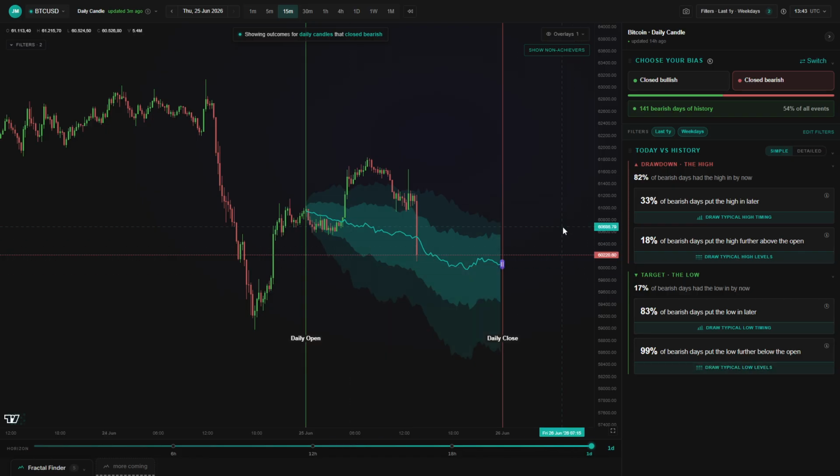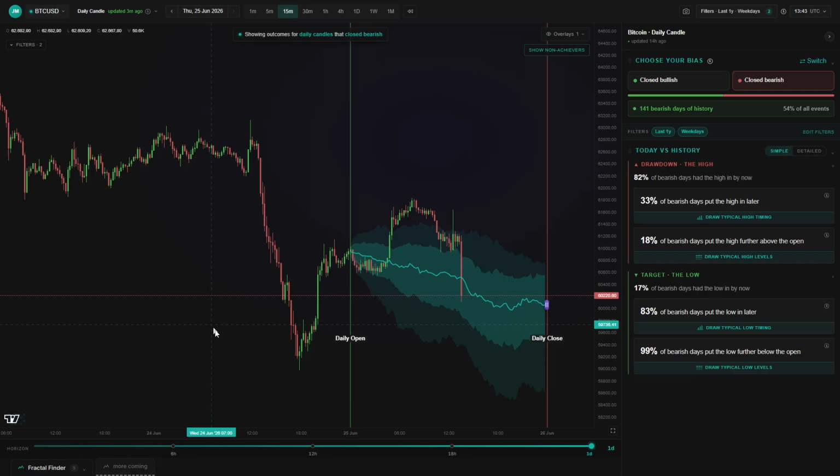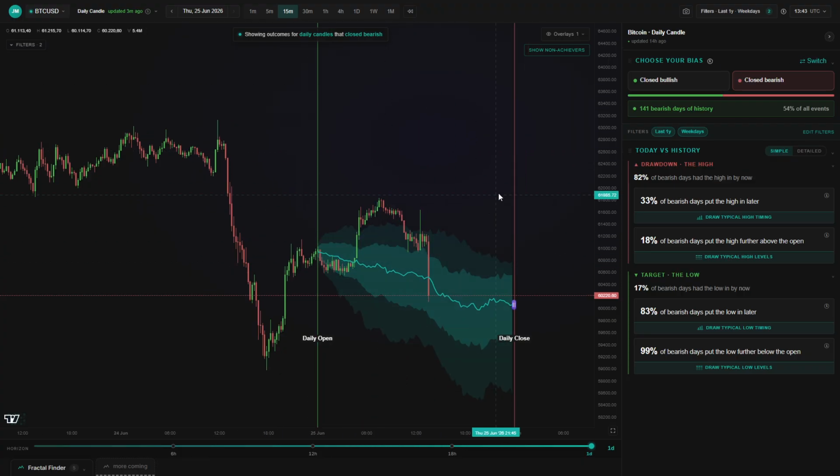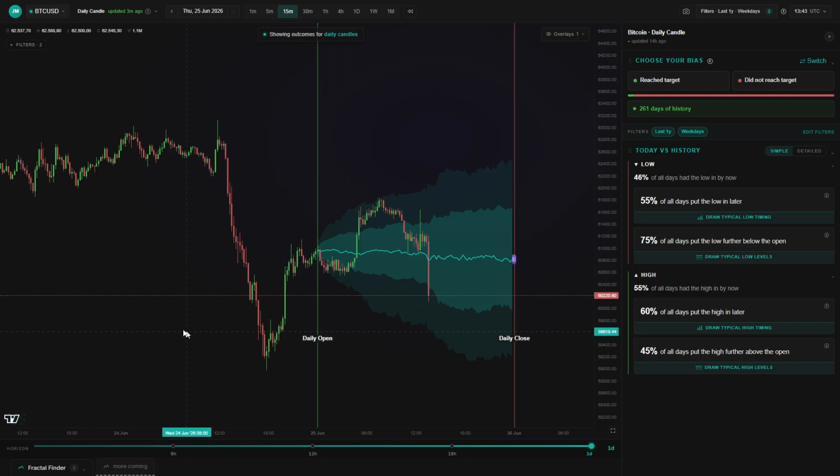Now, what I want to do is that we have just established the current weekly low as our target for the remainder of the week. Let's say within this bearish daily candle, we want to hit that target. I want to switch to reach target.